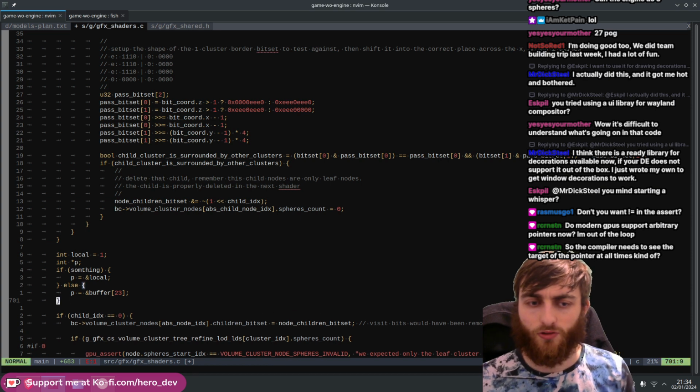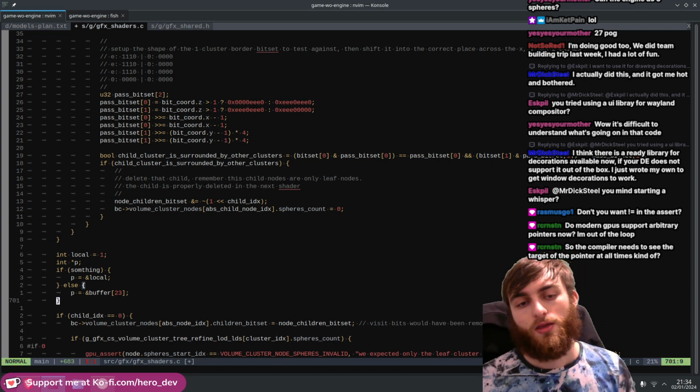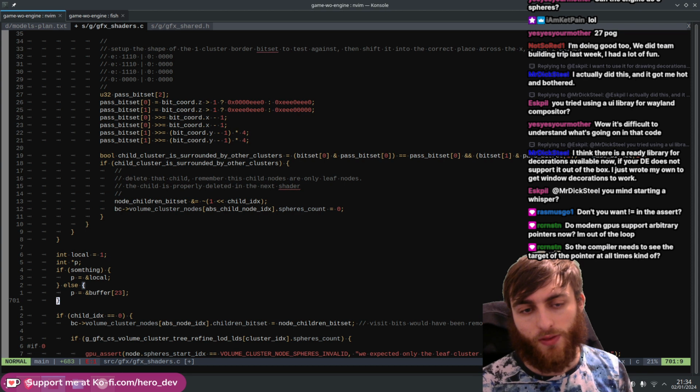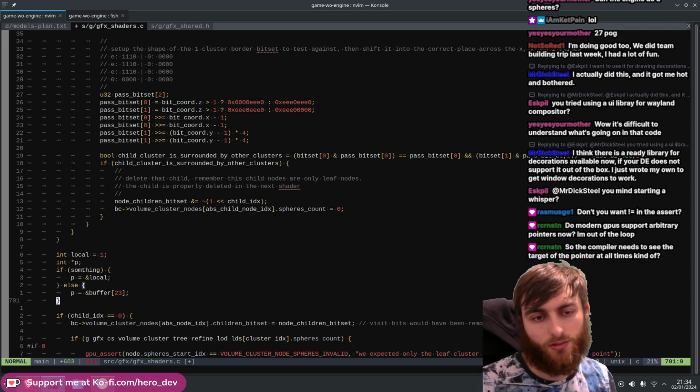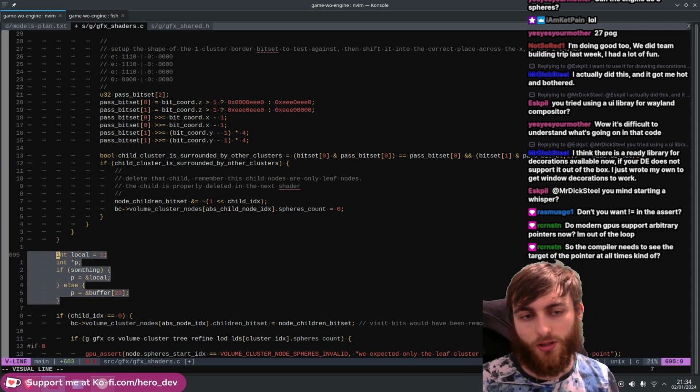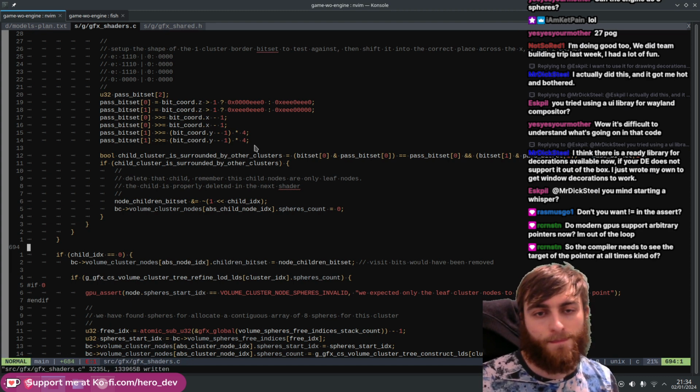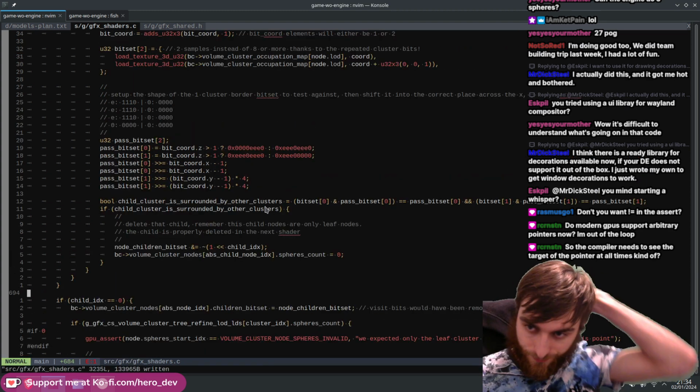You wouldn't be able to do that because the storage classes would be different. And that's still okay because it's better than nothing, and you still get proper pointers that way. But still, it's still a pain in the butt.